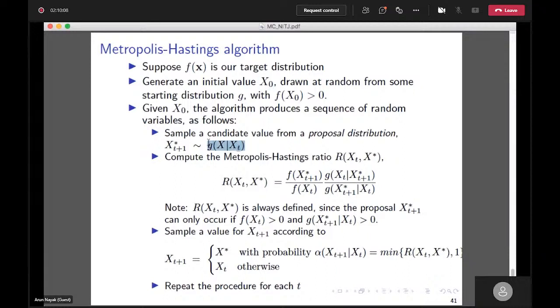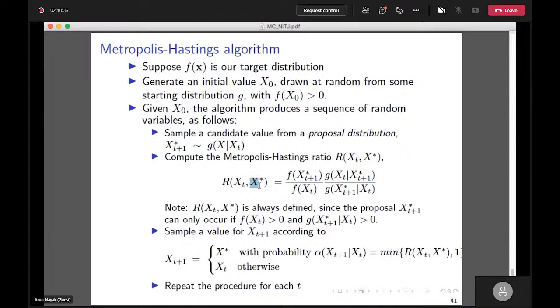So you know the proposal distribution, say I take a uniform distribution as my proposal distribution. Now I generate the next number. Now you have an algorithm to go to the next one depending on whether it satisfies some conditions. Now you compute the Metropolis Hastings ratio R, which is defined like this. Given xt, you go to x star.